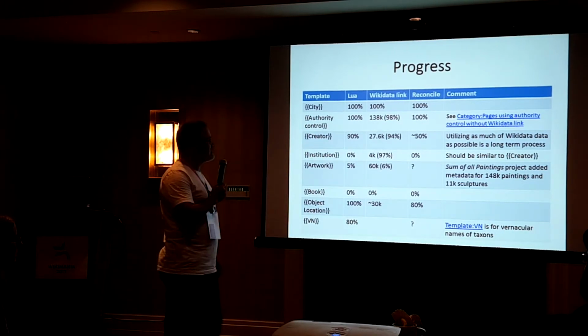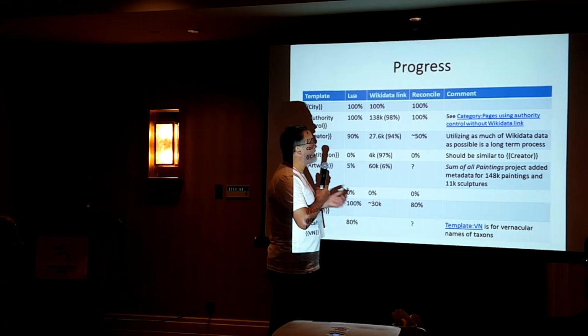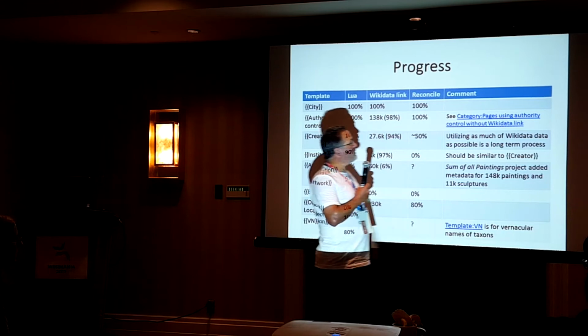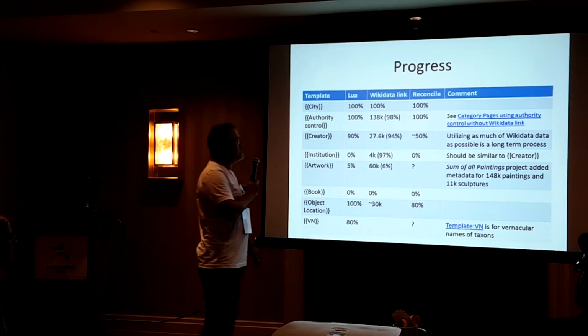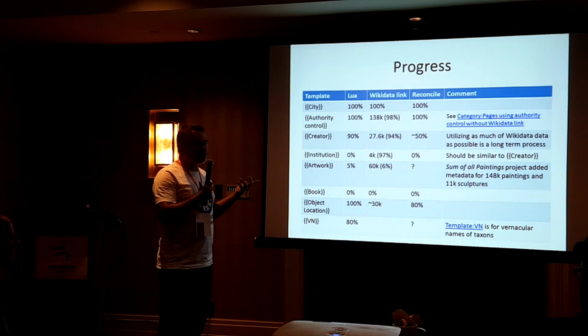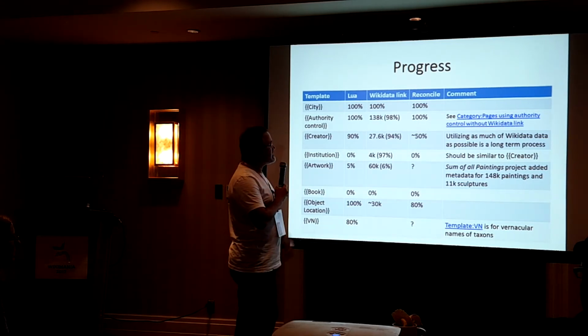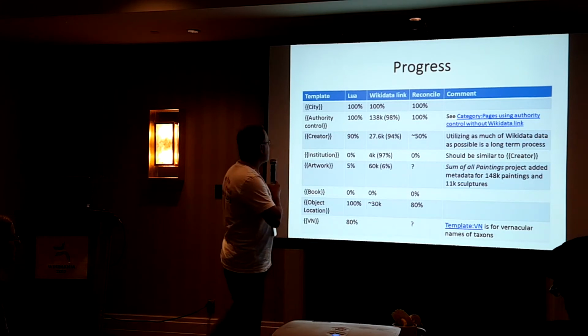There are still about 2,000 pages that have authority control but no matches on Wikidata, and if someone would like to create them, if they have VIAF identifiers, they are probably worthy of going on Wikidata. So it's just looking for some attention there.